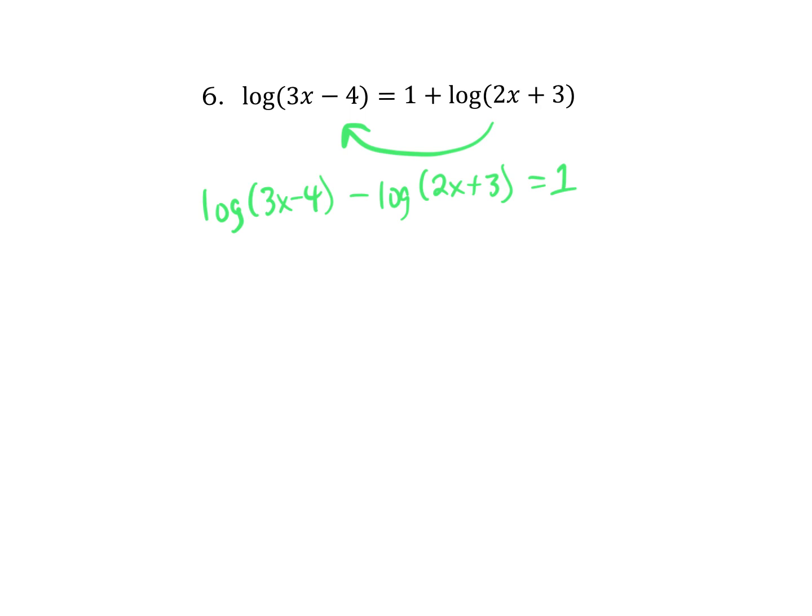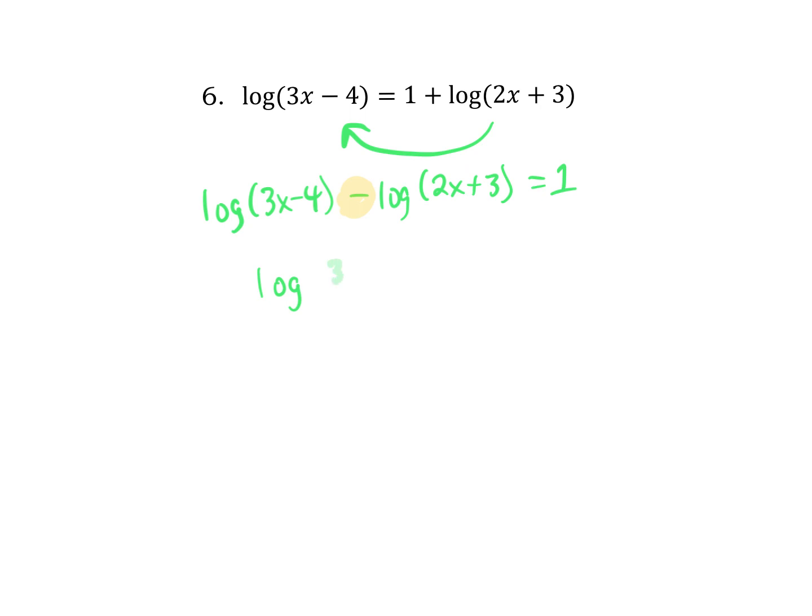All right, so how do we condense this then? John, help me out with that, please. So the left-hand side, so I'm seeing subtraction. So you divide it? So we're going to write it as a division problem. There you go. So we're going to have log of, what's going to go on top? 3x minus 4.